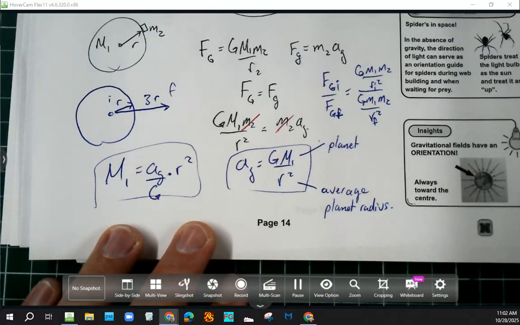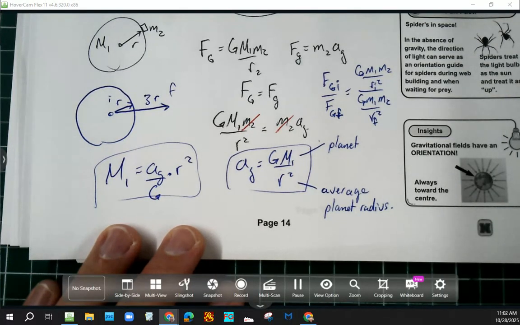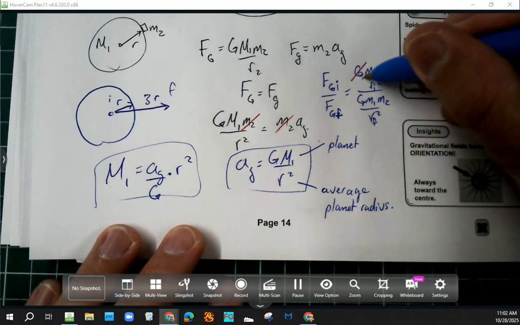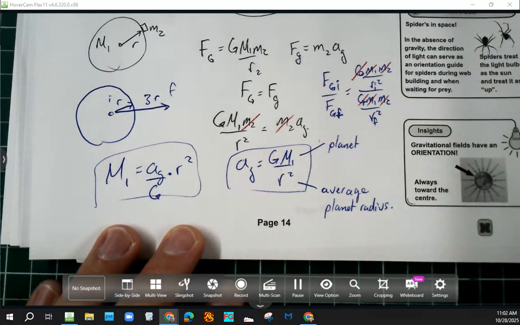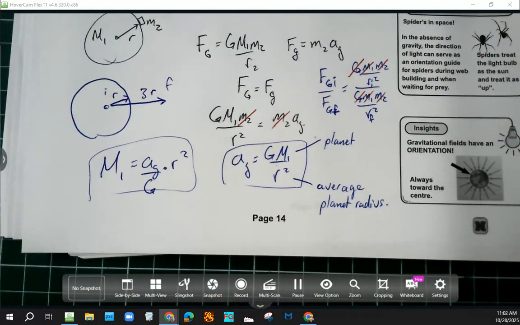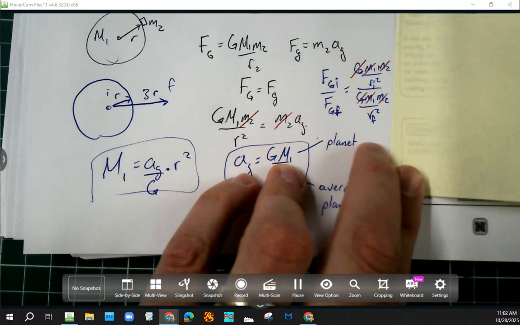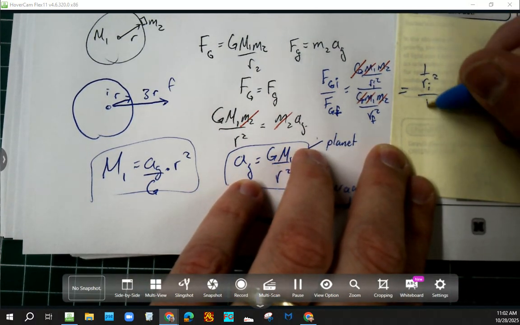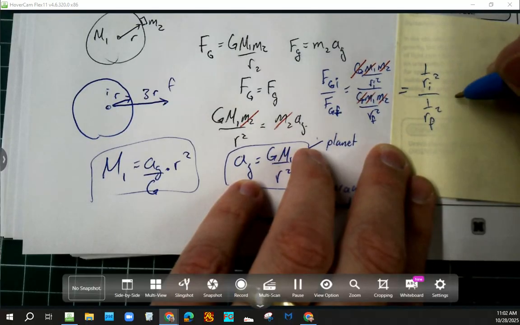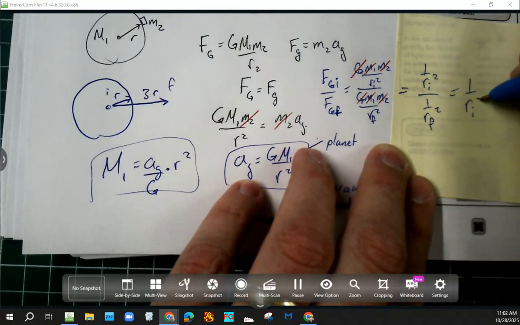And what you notice with that, if I'm comparing two forces as a ratio, notice that a whole bunch of stuff cancels out. And if I carry that through to completion, what I end up saying is that, and maybe I'll throw a post-it note down here, if I simplify that out, that's 1 over r initial squared divided by 1 over r final squared, which is the same as saying 1 over r initial squared times r final squared over 1.